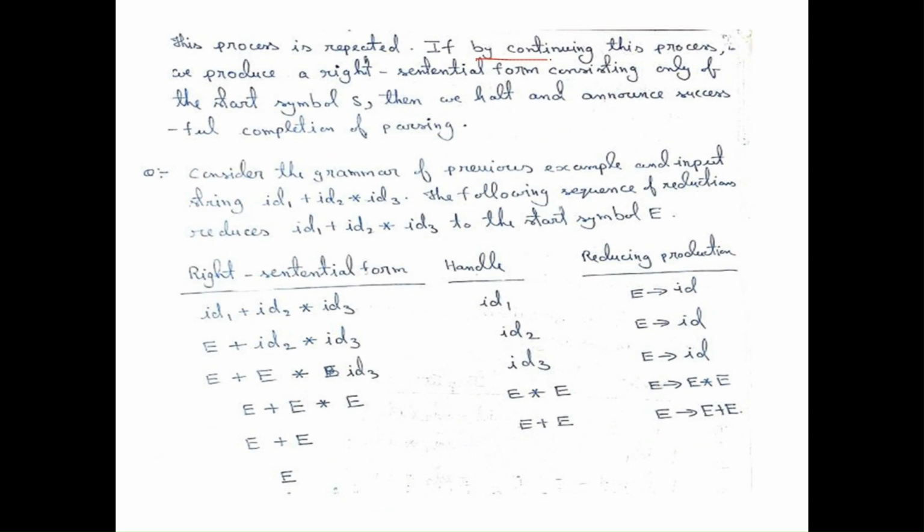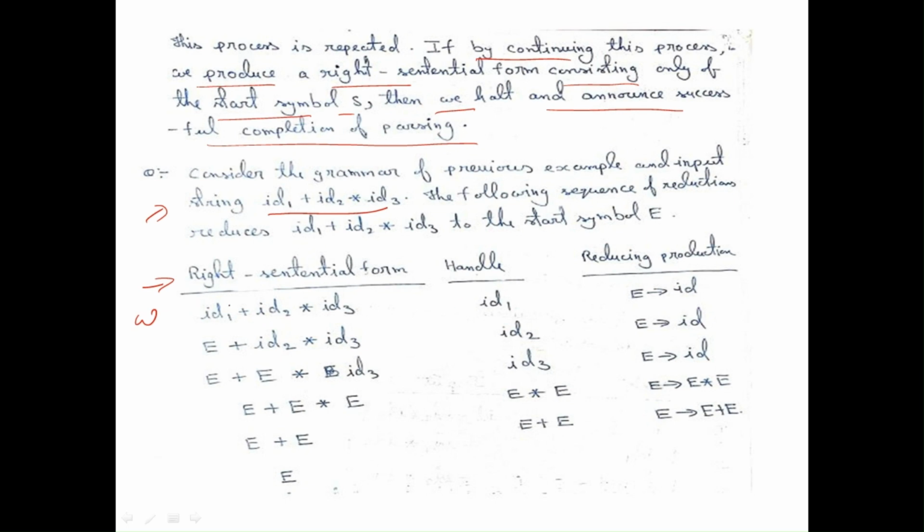So if by continuing this process we produce a right sentential form consisting only of the start symbol S, then we halt and announce successful completion of parsing. Just consider the grammar of the previous example and the string. The right sentential form w was ID1 plus ID2 into ID3.